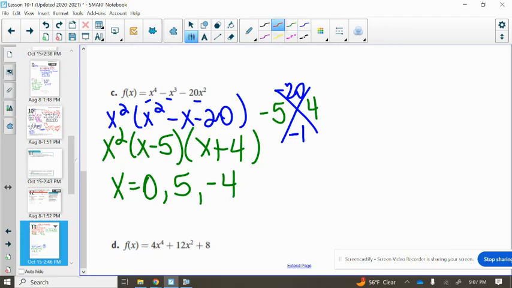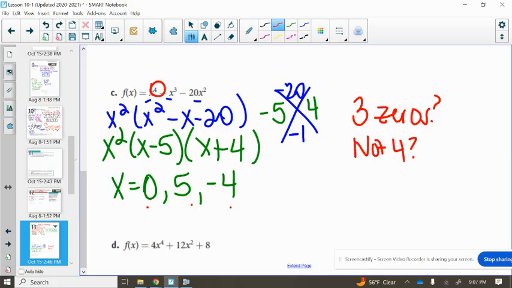Now you might be saying to yourself, okay, wait, this is a degree of 4. I only have 3 zeros. Why is that? Why do I only have 3 zeros, not 4? Well, this goes back to the idea of multiplicity, because what we notice is that this x was squared.